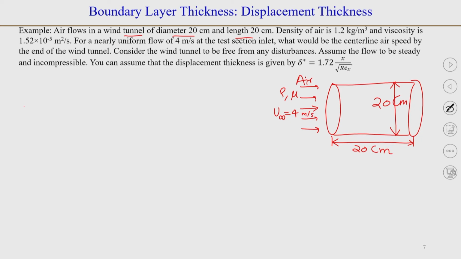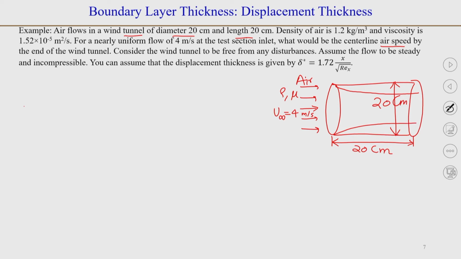And then we need to find what would be the center line air speed by the end of the wind tunnel. So, when the flow approaches this wind tunnel, on the walls of this wind tunnel, the boundary layer will grow from all sides.